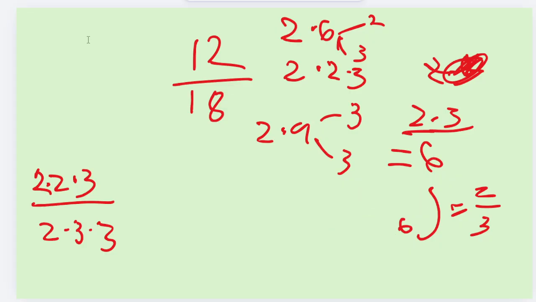Another thing you can do though, if you have already noticed, is that you can just cancel out the common factors and get straight to the lowest or smallest numbers, in short. So if you wish to do that, feel free to do so. So let's just try that out here. You're gonna cancel out this 2 with this 2, and this 3 with this 3. That leaves us again with 2 over 3.